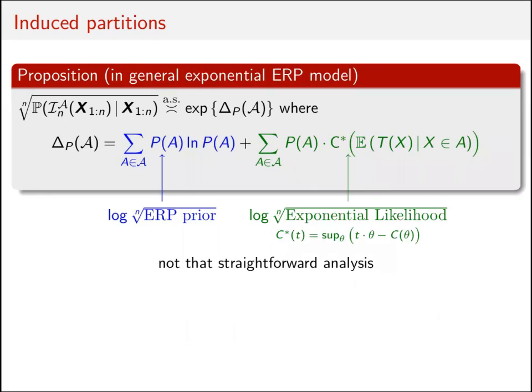In general, it's not simply a computation; you actually do some analysis here. It doesn't change that, no matter what exchangeable random partition prior you take, in the limit you obtain this entropy path. And this is what you obtain from this conjugate exponential likelihood. This C star is the convex conjugate of the log partition function for the parameter.